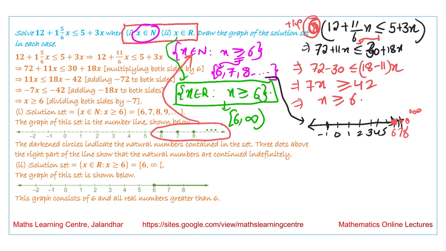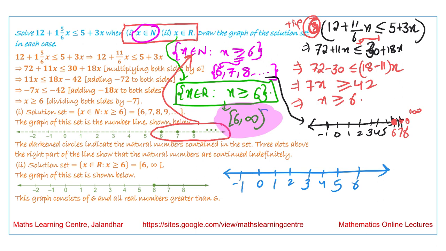And when we are talking about the representation of this interval, this is minus 1, 0, 1, 2, 3, 4, 5, 6. The elements we have over here are 6 to infinity. So basically 6 is included, and after this all the numbers are included.